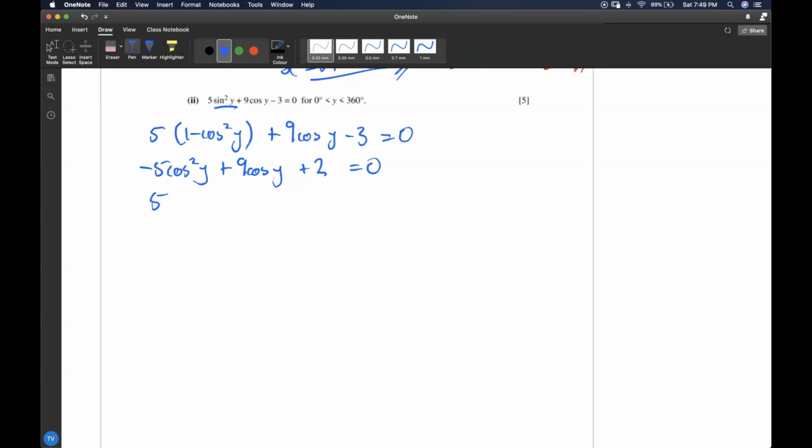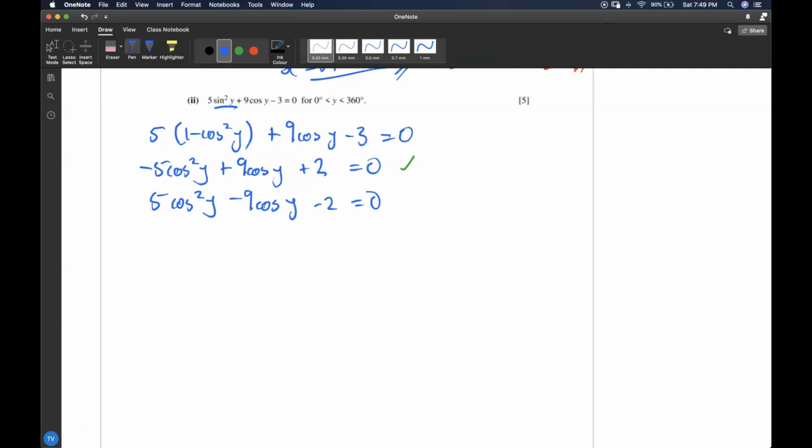So change the negative, so it becomes 5 cos square y minus 9 cos y minus 2 equals 0. This is okay, but if you're not comfortable working with negatives, just change it to positive. I prefer to always change it to positive because it gives me an easier perspective of what the final answer could be like.